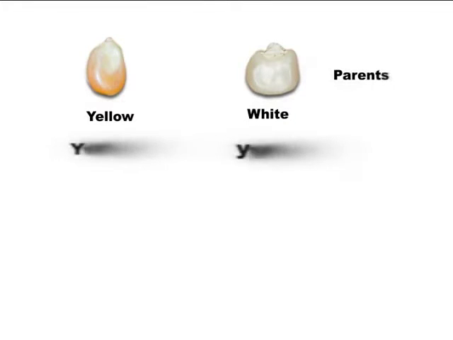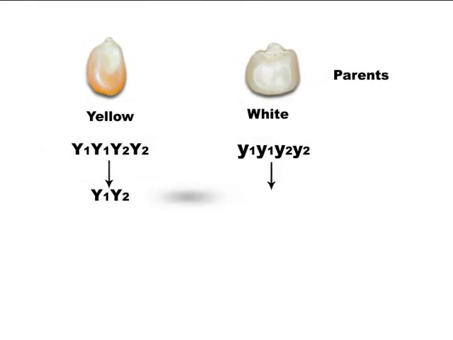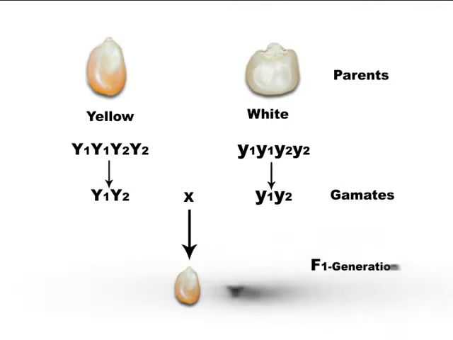For example, endosperm color in maize is of two types, yellow and white. Yellow color is dominant over the white color. Yellow color is determined by one of two independent dominant genes, Y1 and Y2. Their recessive alleles give rise to white endosperm.